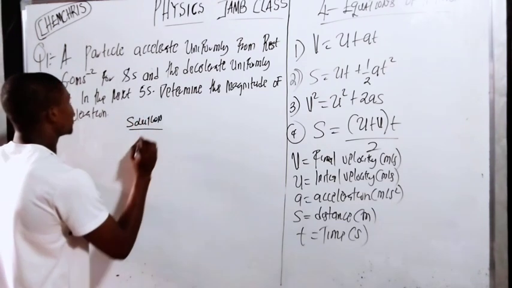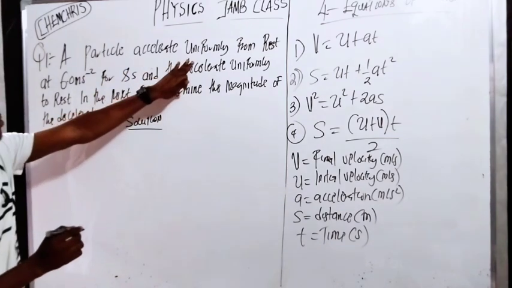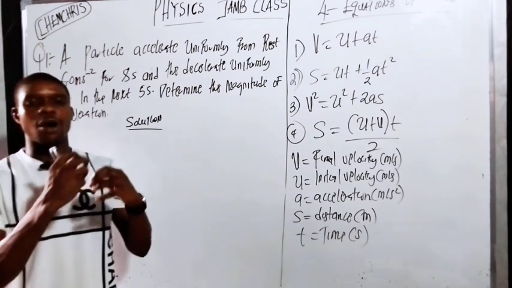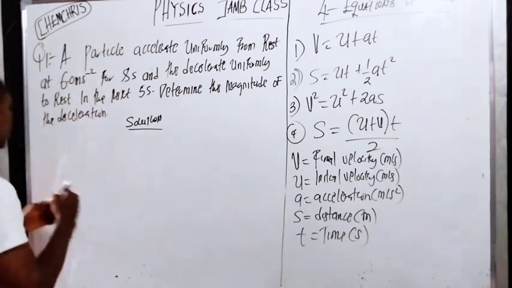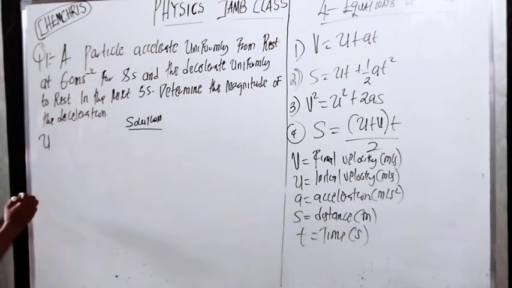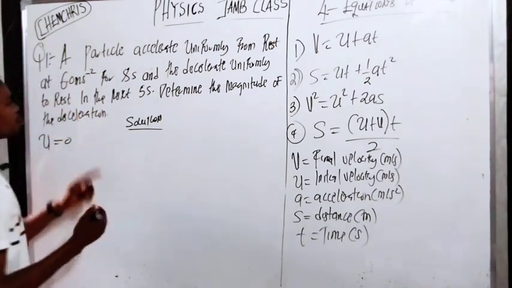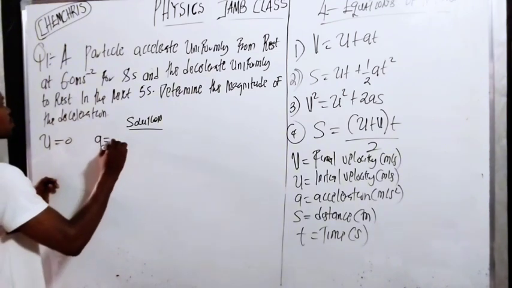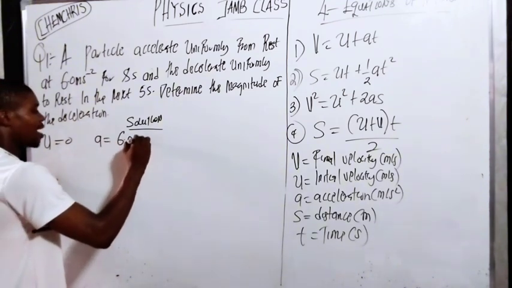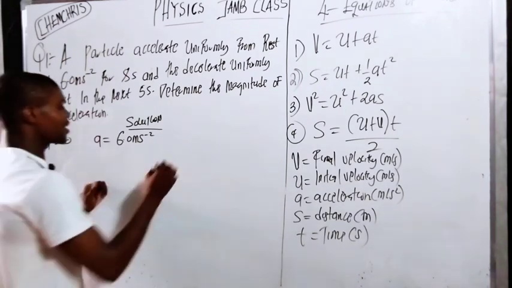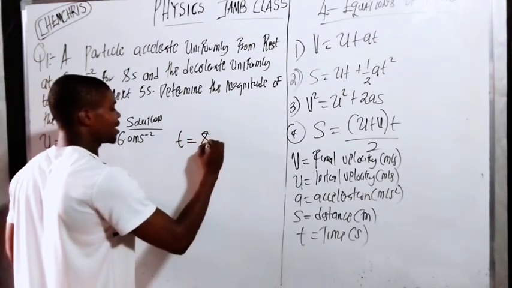Solution. Very important here. A particle accelerates from rest. Remember, when a body moves from rest, the initial velocity is 0, because it accelerates from rest, right? The acceleration here is 6.0 meters per second squared, and the time t is 8 seconds.